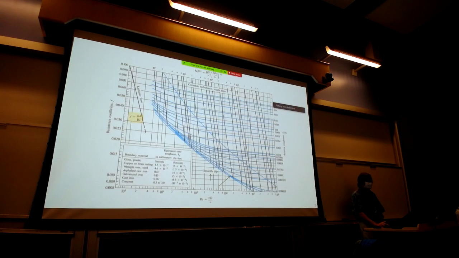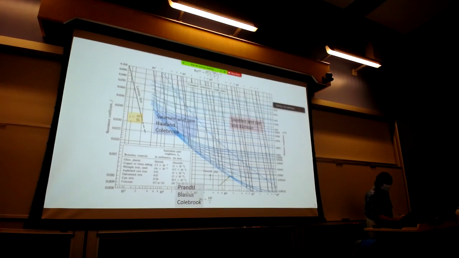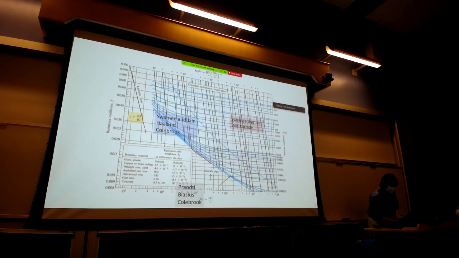And again, from that previous page of all the equations, there's one equation for the laminar zone, multiple equations for the transition zone, two equations I'll typically use for turbulence, Swamee-Jain and von Karman. And then again, the smooth pipe curve is this lowest curve.